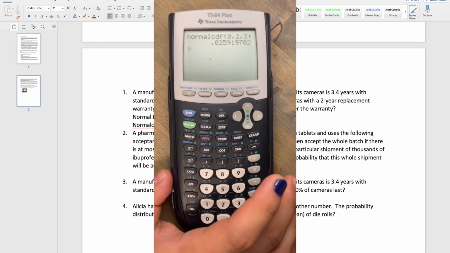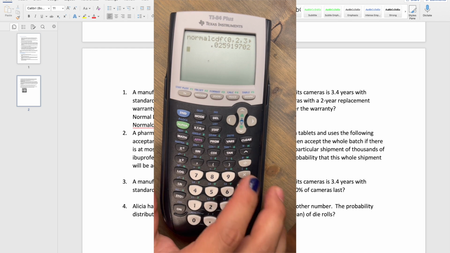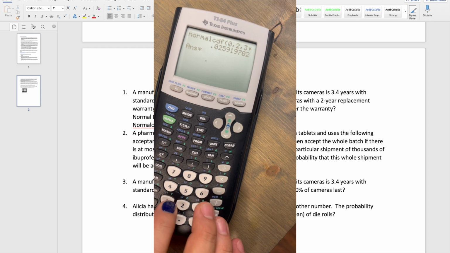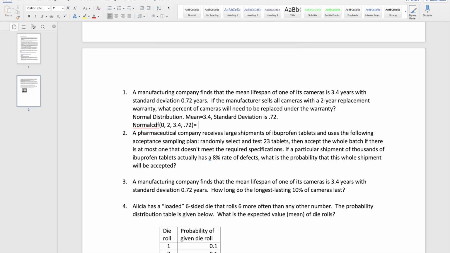So I do this, I close my parenthesis, and I get a very small number. So I'm going to multiply this times 100 to get a percentage, and I get a percentage of 2.59. So I'm just going to round it to 2.6%.